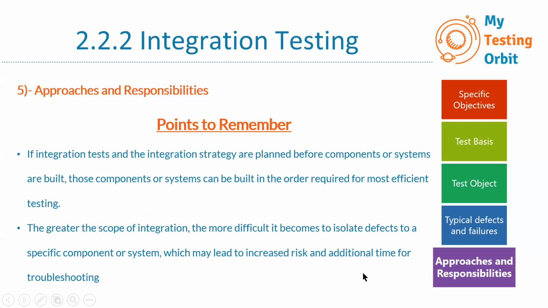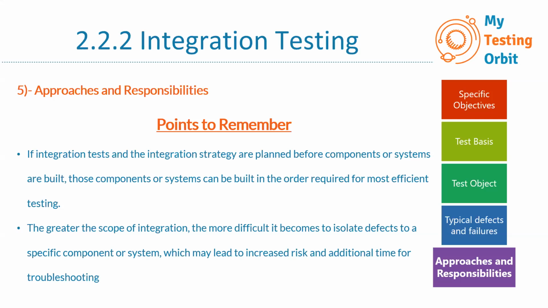Okay, so there are a few more points which we need to remember for integration testing. The first one is, if the integration test and the integration strategy are planned before components or systems are built, those components or systems can be built in the order required for most efficient testing. What does that mean?